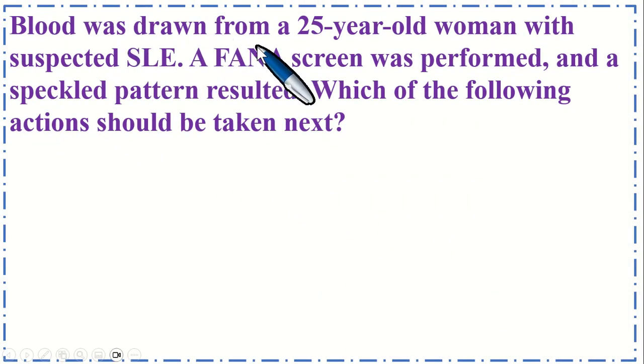Blood was drawn from a 25-year-old woman with suspected SLE, systemic lupus erythematosus. An ANA screen was performed and a speckled pattern resulted. Which of the following actions should be taken next?